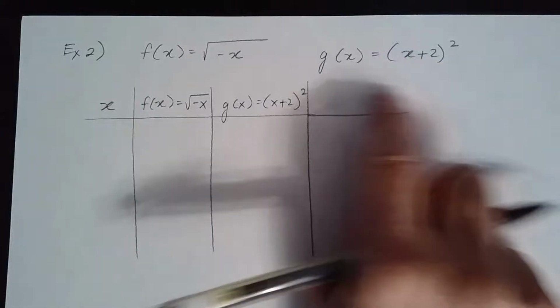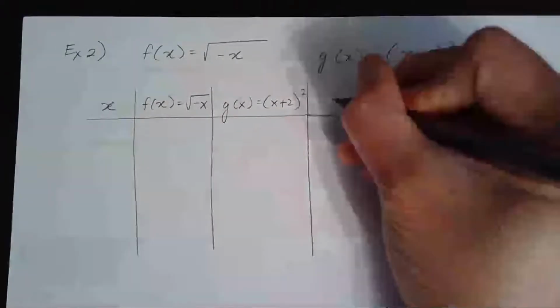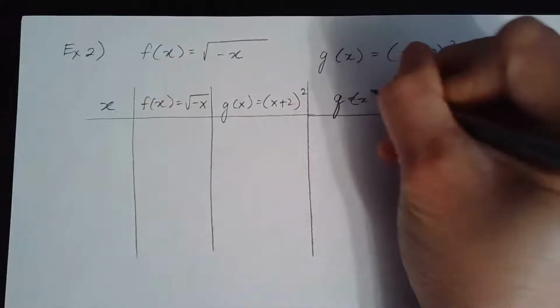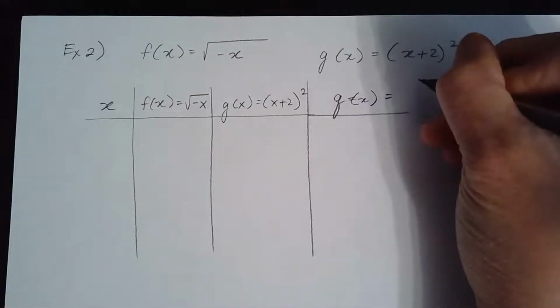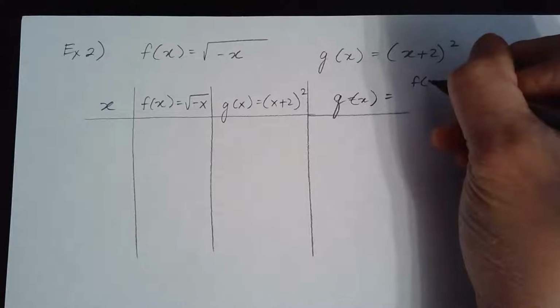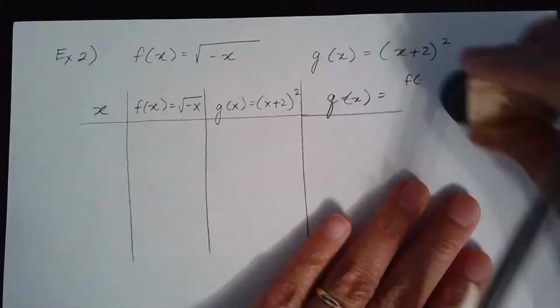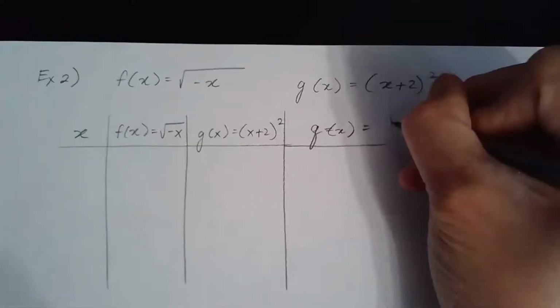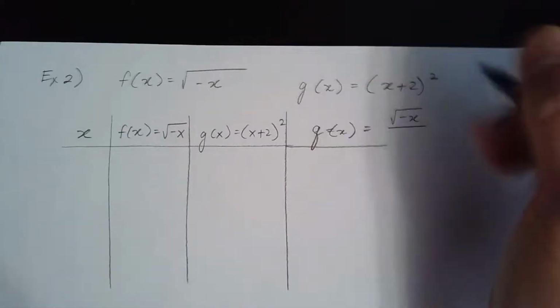And over here, in my last column, I'll write q of x is equal to f of x over g of x, the explicit form, square root of negative x over x plus 2 squared.